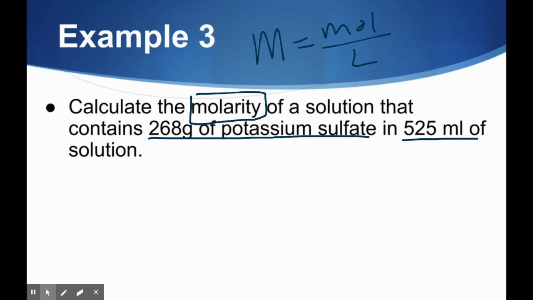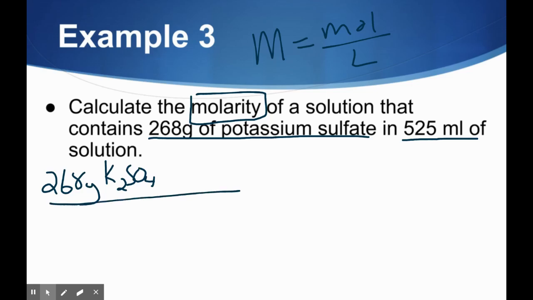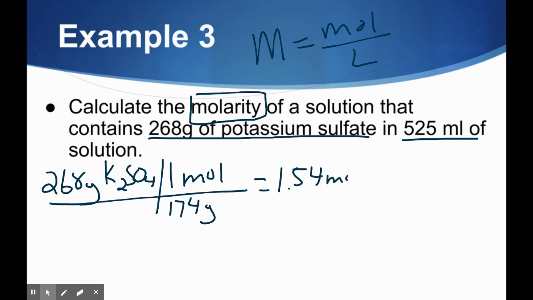Both of those need to be converted. So start with 268 grams of potassium sulfate, which is K2SO4, and divide by the molar mass, which is 174, and that will give you 1.54 moles of potassium sulfate.